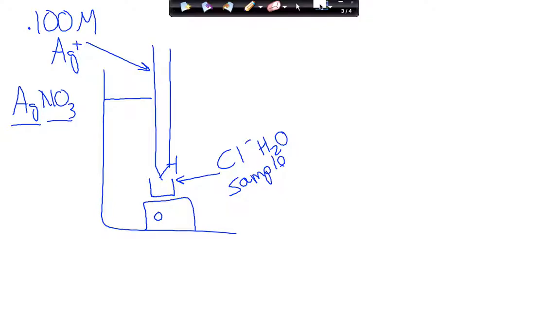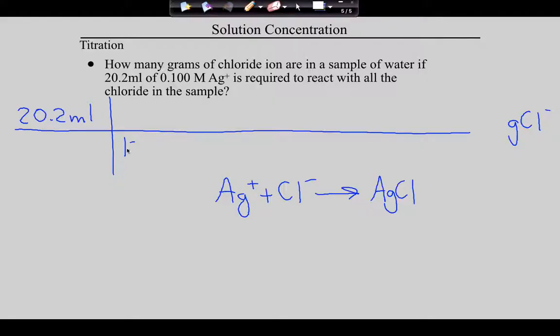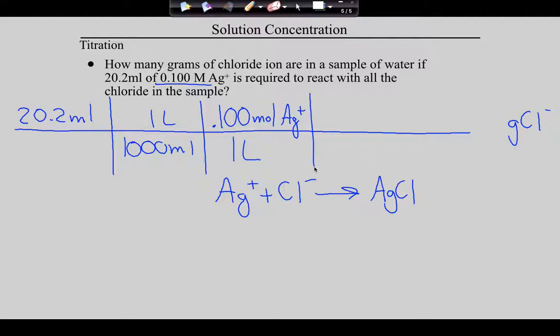Remember, we know the molarity of this. So here's what we're going to do. 1,000 milliliters is 1 liter, and then 1 liter is 0.100 moles of silver ion solution. What that allows us to figure out is in those 20.2 milliliters of titrant, how many moles of silver were in there.